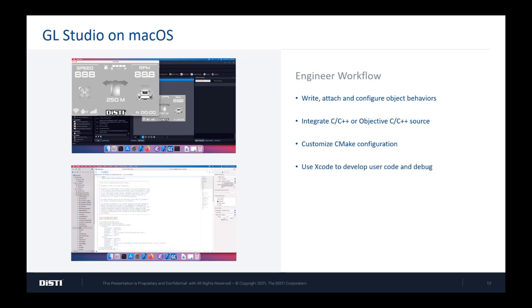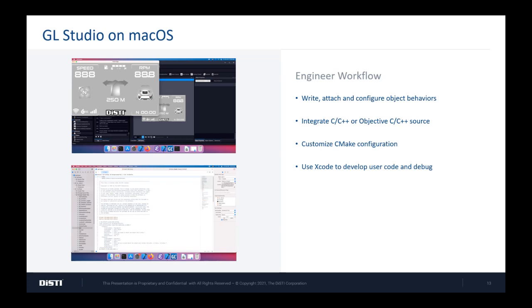So in conjunction with the designer workflow, either before, after, or during, the engineer can also work on the project, can work on the same project at the same time, actually. For the engineer workflow, the engineer will write, attach, and configure object behaviors and business logic for the application. So this is code written in one of our C++ APIs.